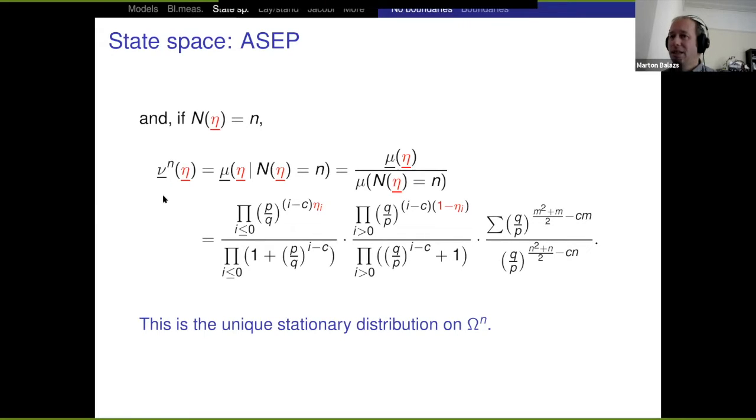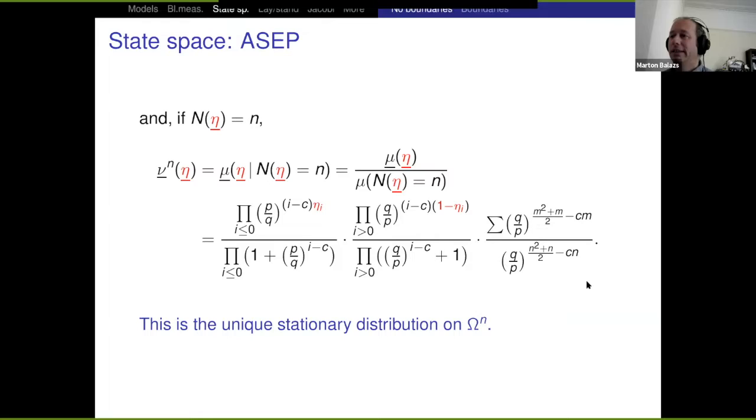So these guys are stationary reversible on the irreducible components. And you have an explicit form for them, coming essentially from the product measure and this conditioning on the conserved quantity, which has the discrete Gaussian in it. Okay, and this is the unique stationary distribution, because now we are on the irreducible component. Every state is reachable from every other state. It's a countable state space Markov chain, so everything works out very nicely.